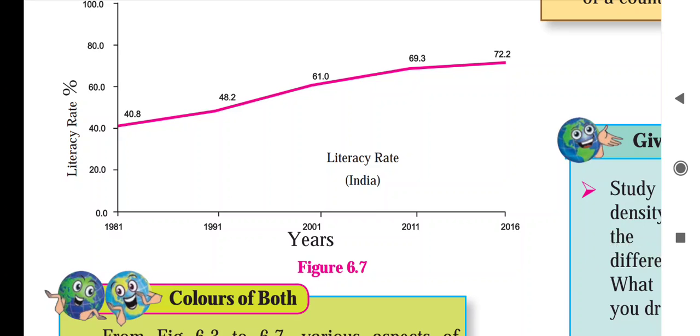We had Saksharta Abhiyan. Again, free education is provided, and adult education. In this way, government is trying to make a maximum number of citizens literate in our country. There are some areas, like Kerala, where the literacy rate is 100%.